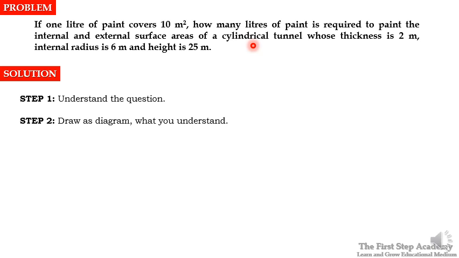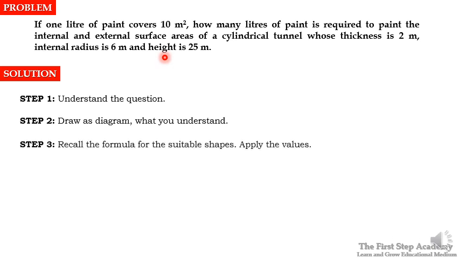Sometimes they may give the shape directly, sometimes they may give mixed shapes. At that time step 2 is very important. Whatever you understand from the question, you should draw as a diagram. That will be very useful to identify the exact shapes involved in the question.